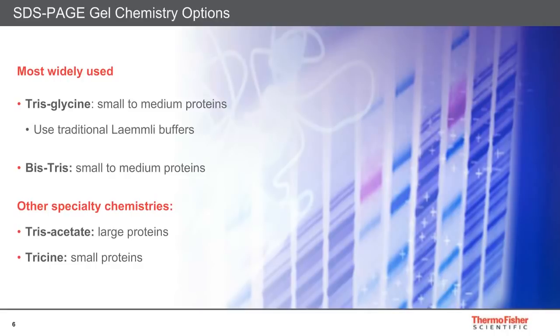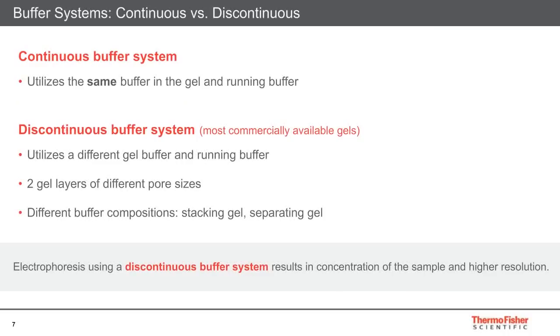The other two specialized gel chemistries are Tris-Acetate, which is specialized for separation of large molecular weight proteins up to 500 kilodalton in size, and the Tricine gel chemistry, which is specialized for separation of peptides and small molecular weight proteins. Peptides as small as 2.5 kilodalton can be resolved using the Tricine chemistry.